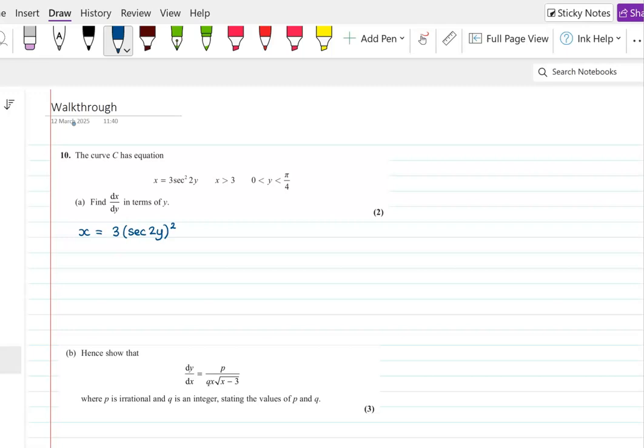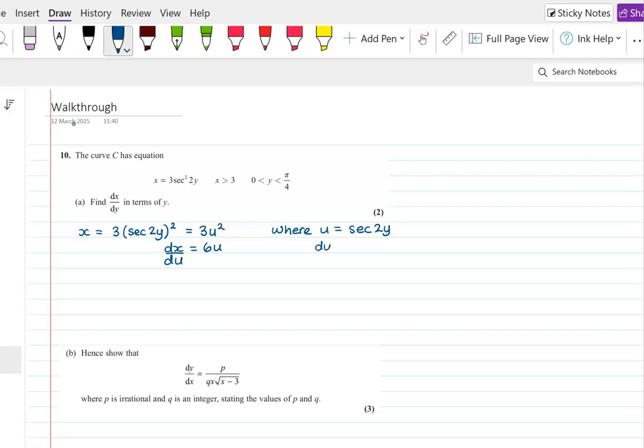When it's written like that, it's much easier to see that you need to use the chain rule here. So I'm going to let x equal 3u squared, where u is equal to sec 2y. Now, if I do dx/du, I know that I get 6u.